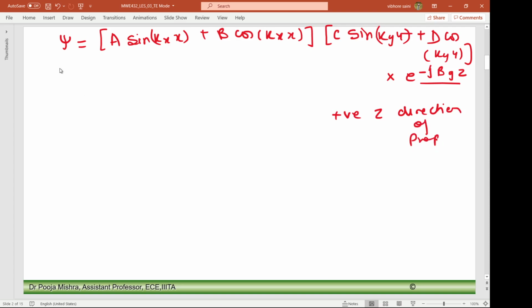This was the solution for psi, which was obtained in our earlier lecture.